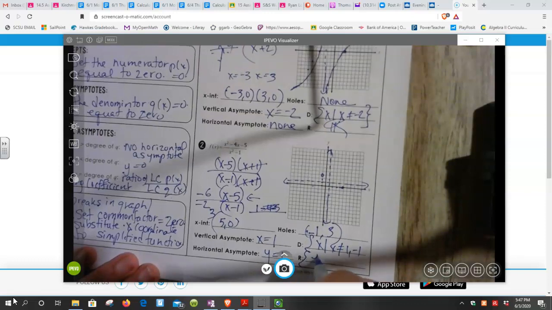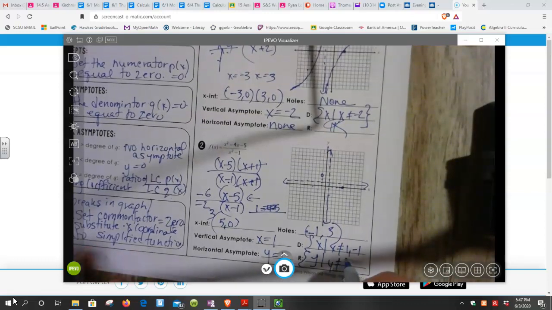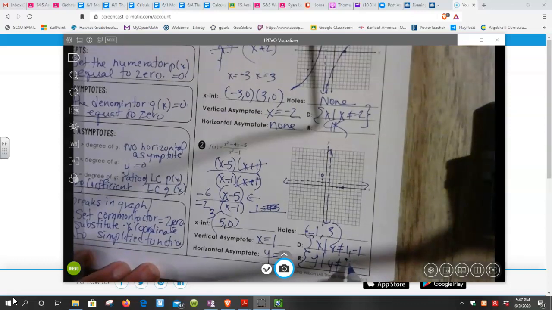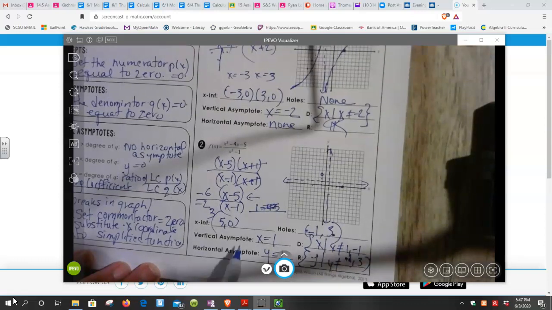And the range is going to be y such that y does not equal 1 or 3. Y can't be 3 because of the hole, and y can't be 1 because of the asymptote right there.